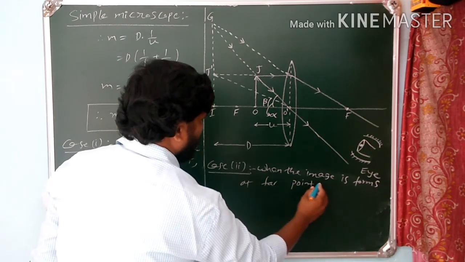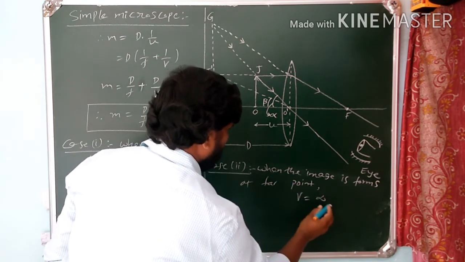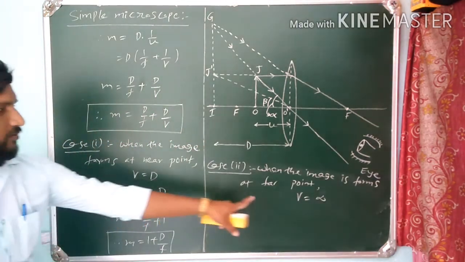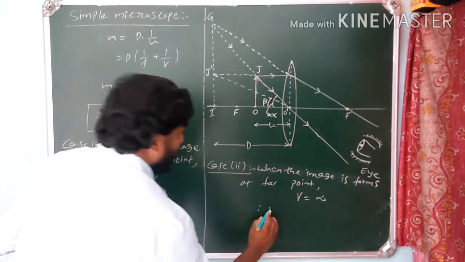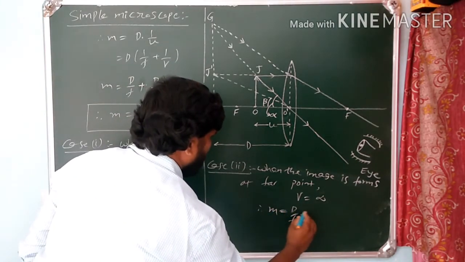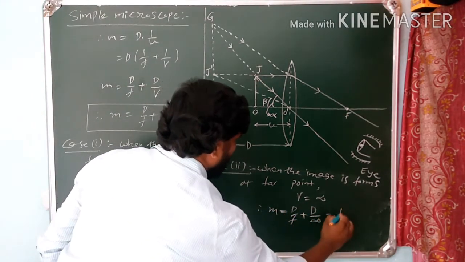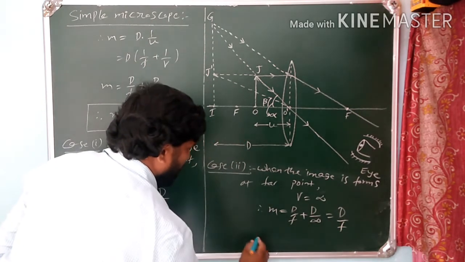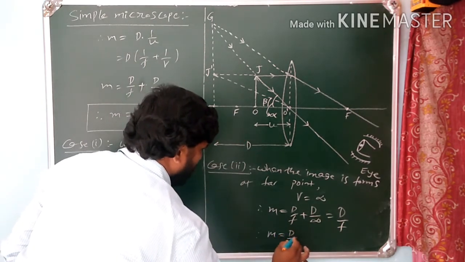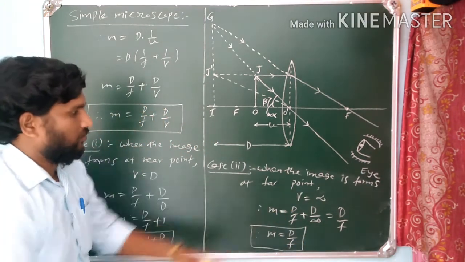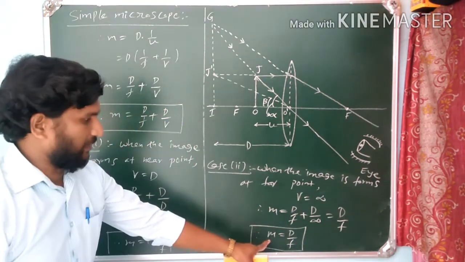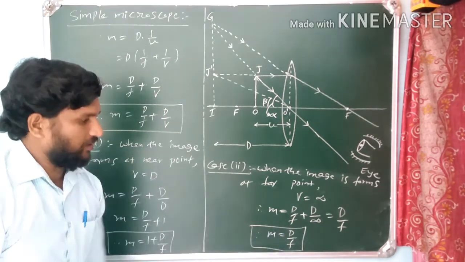When the image is formed at the far point, we write V as infinity. Therefore, from this equation, M equals D by F plus D by infinity, so M equals D by F. When the image is formed at the far point, the magnifying power is D by F.